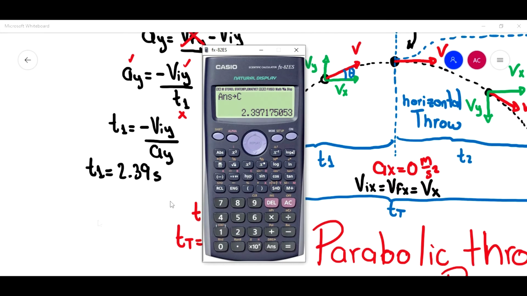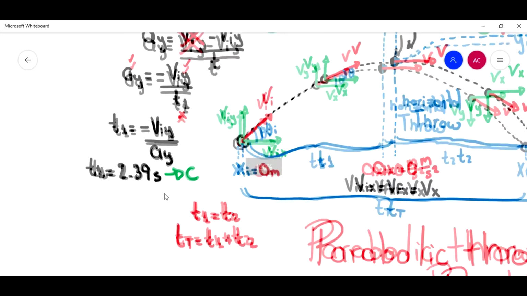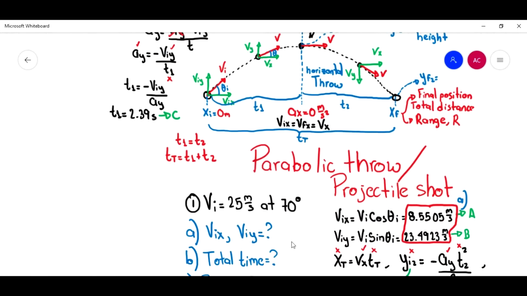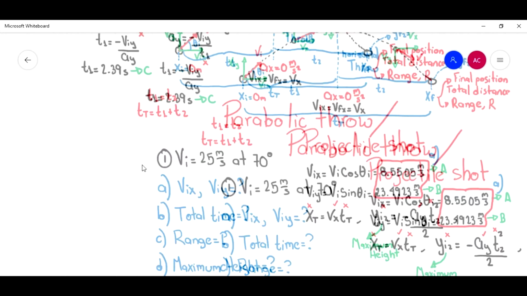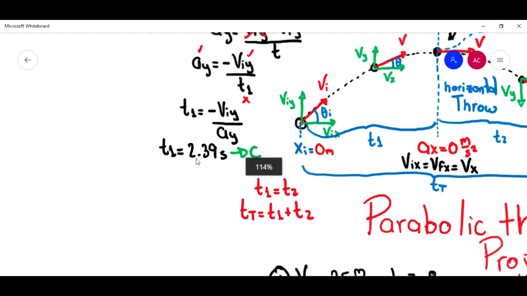I'm going to save this value in memory C, because I'm pretty sure I'm going to use it. I'll write here that this number is in C, but I need the total time. So I'm going to continue over here with another color.